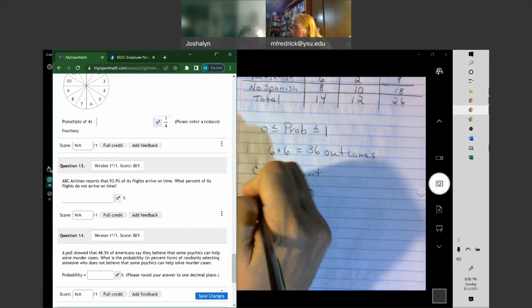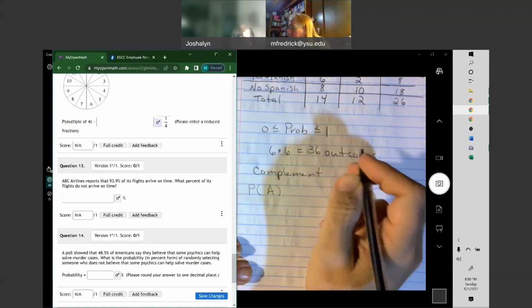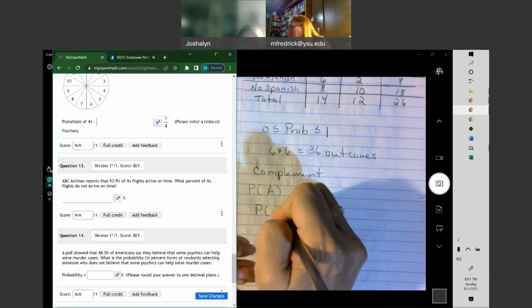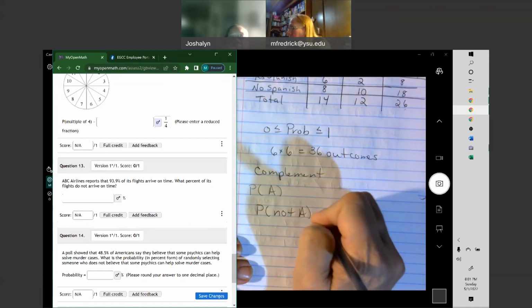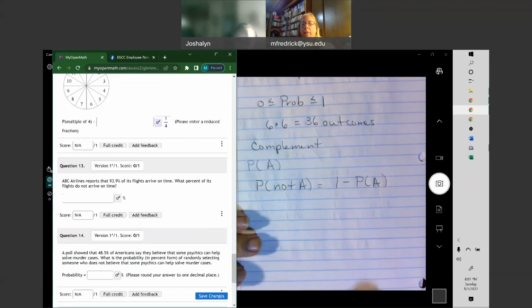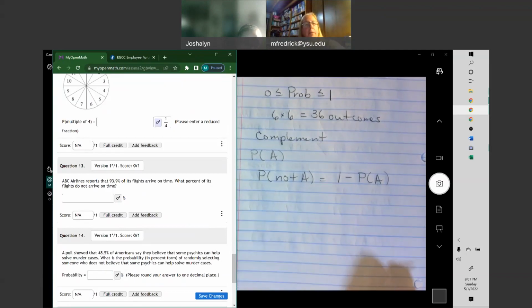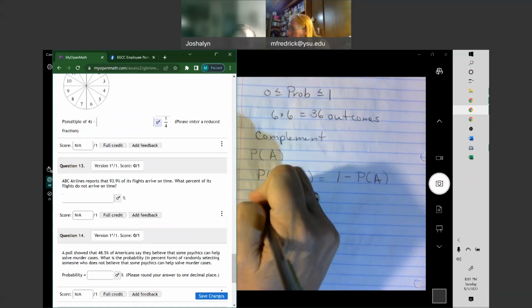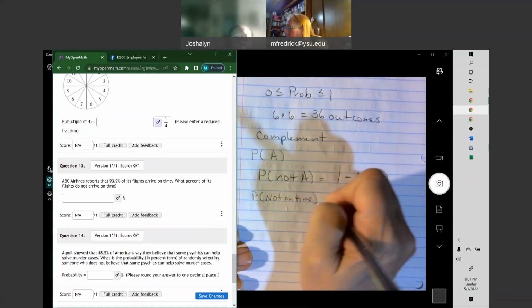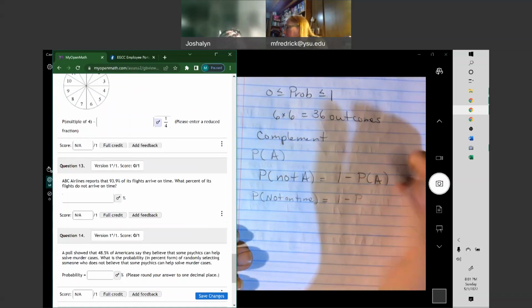If we know the probability of A, the probability of not A is 1 minus the probability of A. So if flights are on time 93.9% of the time, the probability not on time equals 1 minus the probability on time.